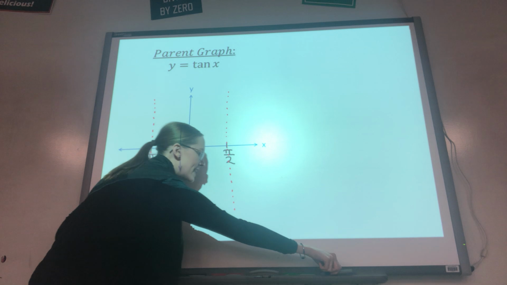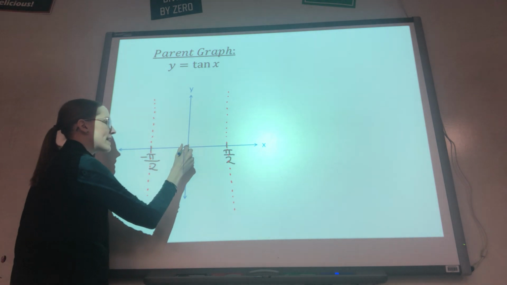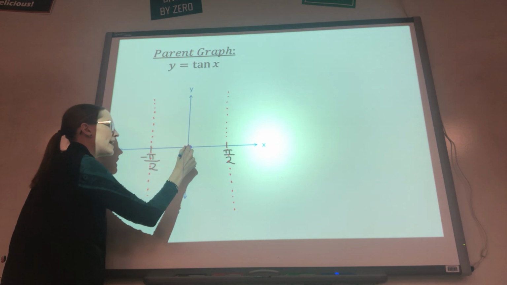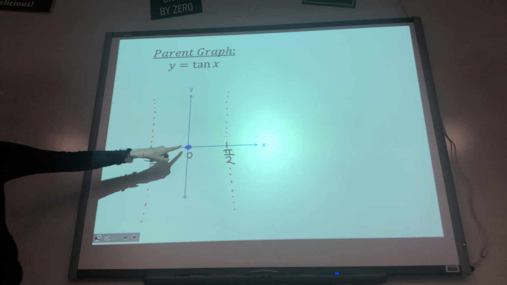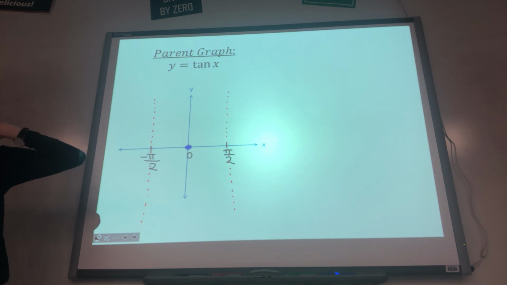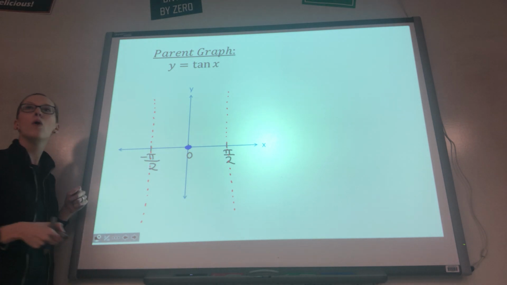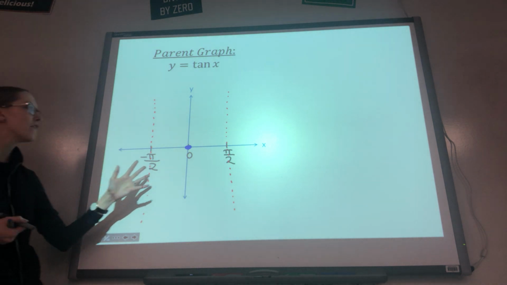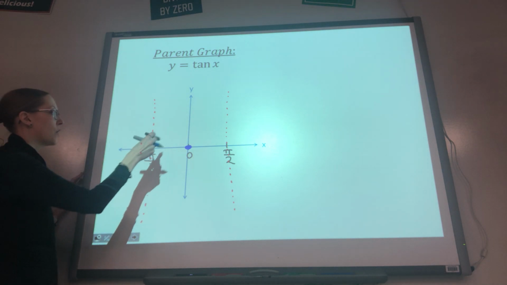Now, the next thing that I'm going to put up here is the first point that you're going to graph. There is a center point for tangent right there at the origin. And then to fill in a couple more points on this graph, I'm going to use the amplitude to help me a little bit.